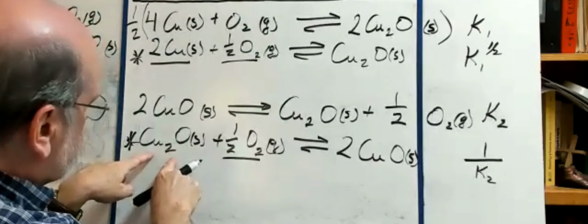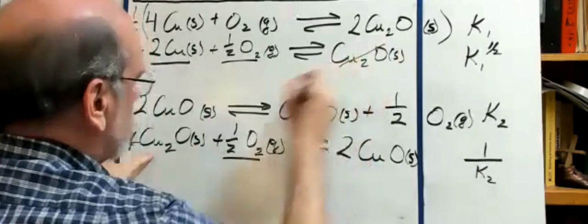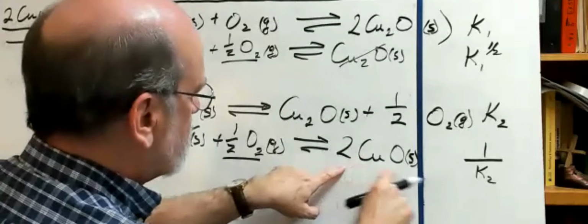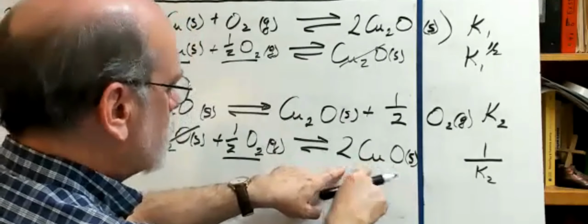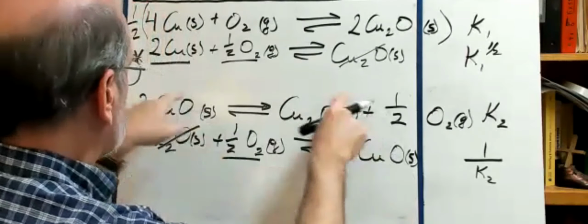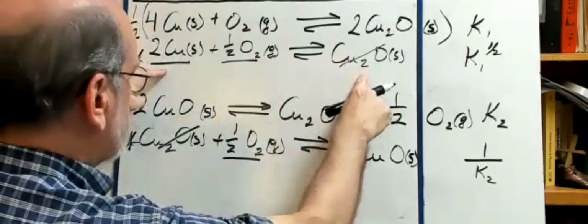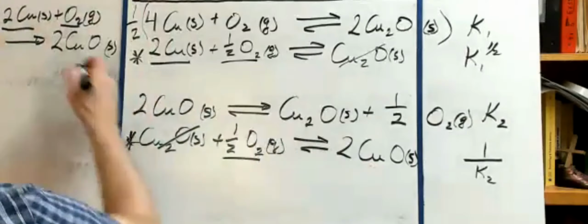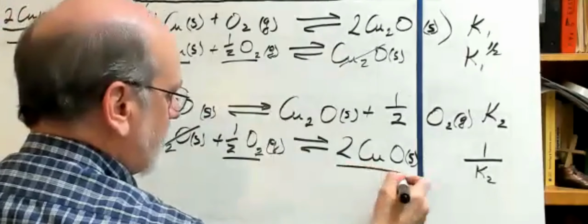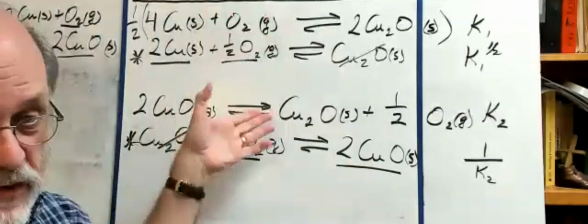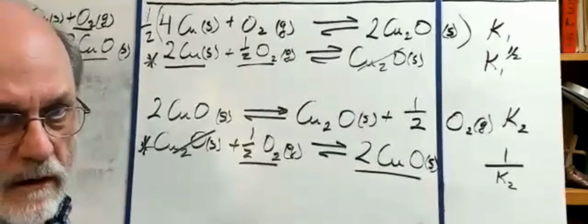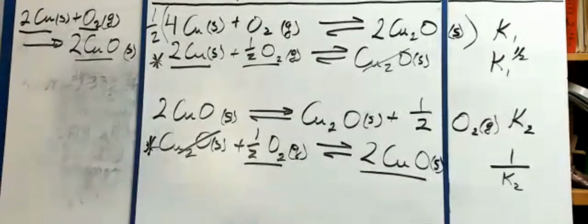So we've got Cu2O here and here, they cancel. And we've got CuO here, 2 of them. These have been used up, that one's canceled. This one's used up, that one's canceled, it leaves that one. So now when we add those 2 equations together, we'll get this one. Let's see. Scooching over, there we go.